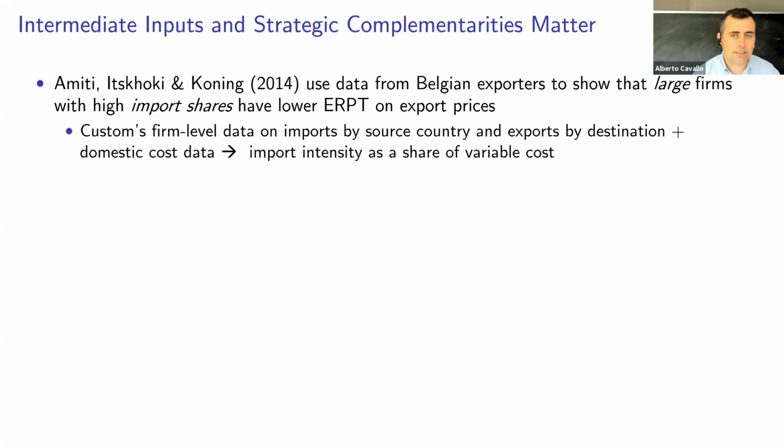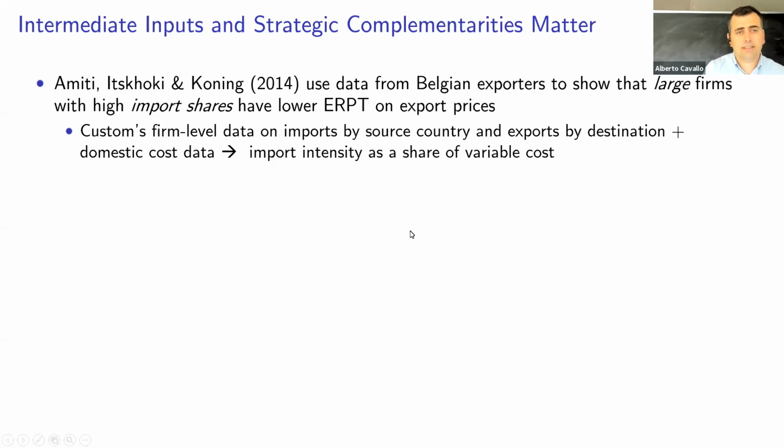They gained access to a very detailed data set on Belgian exporters. They could see where they were selling their goods, what prices they were setting, and they could also understand very well which countries they were importing from, because they were exploiting a fact that becomes quite obvious in trade data, which is that large exporters are also large importers.